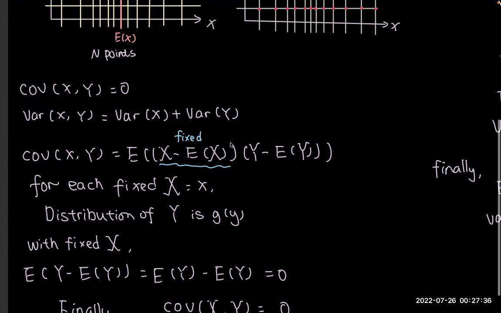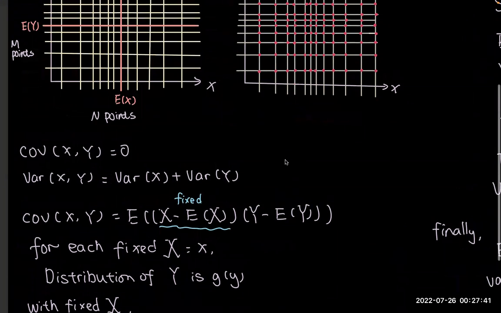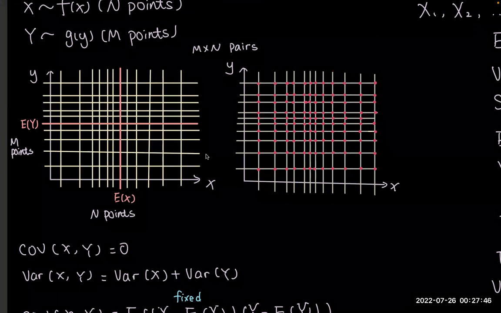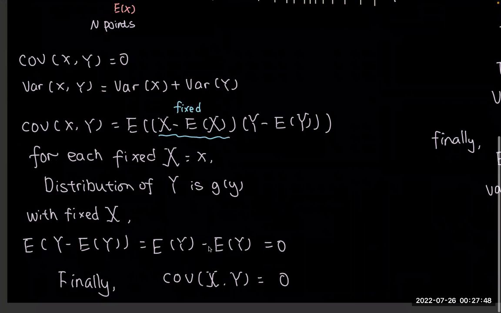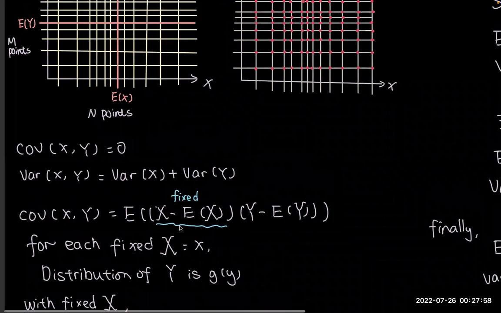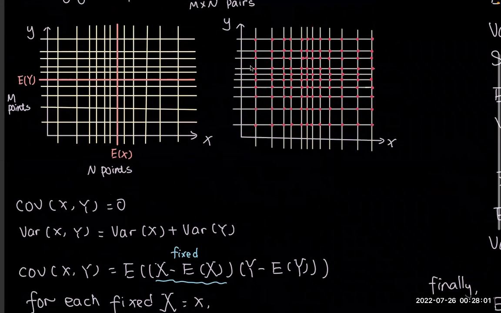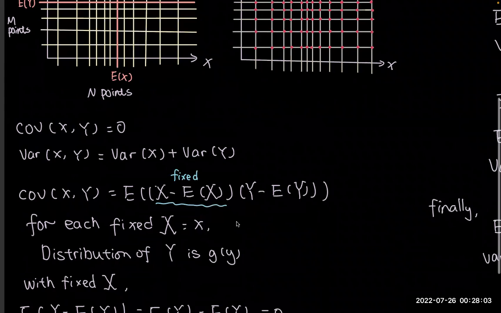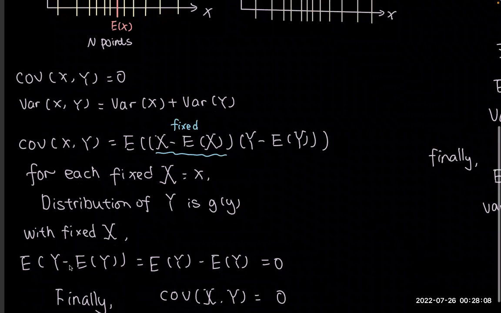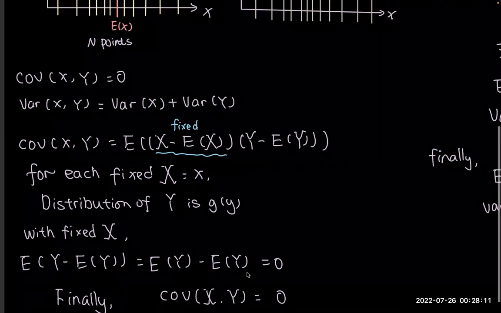For a fixed x, this is a constant, and you look at the expectation of y minus E of y, which has the same distribution as the marginal distribution of y, and this quantity is actually 0. Okay, so therefore, if you then average over all x, you still get 0. So the point is that under independence, for each fixed x, the distribution of y is the same as the marginal distribution, and then you can compute the expectation of y minus E of y for the marginal distribution. So you get 0, okay?